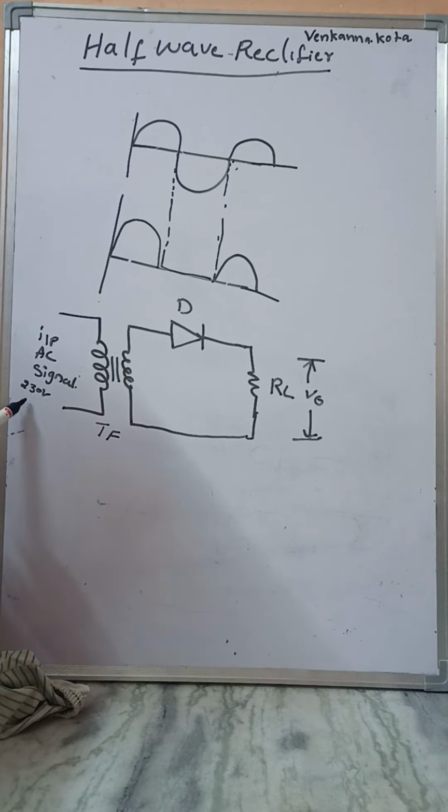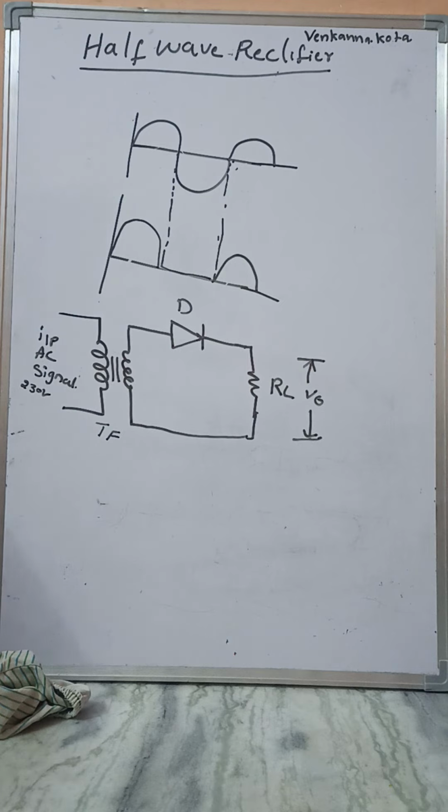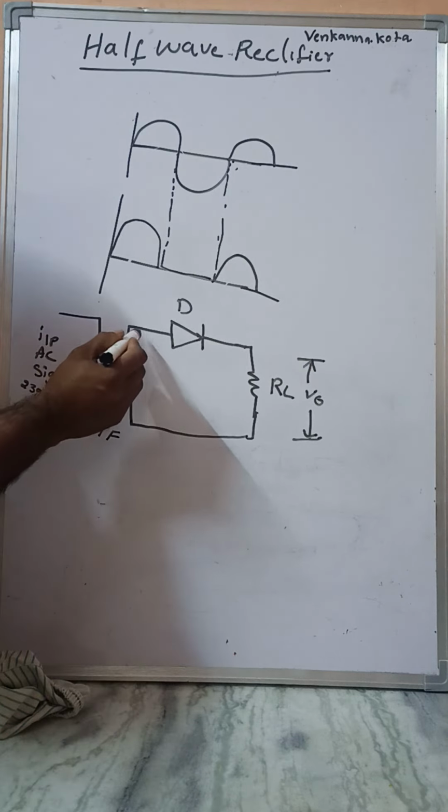That's why the 230 volts is converted into low voltage using a step down transformer, which converts high voltage into low voltage only. The transformer input is an AC signal and the output is also an AC signal, not DC.